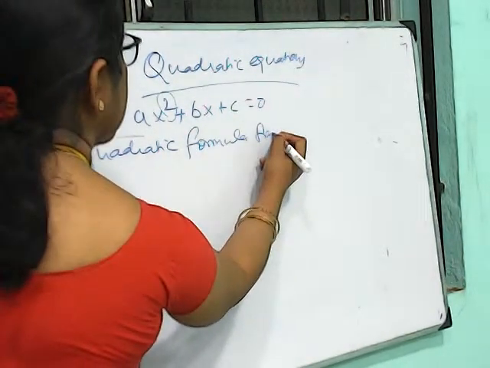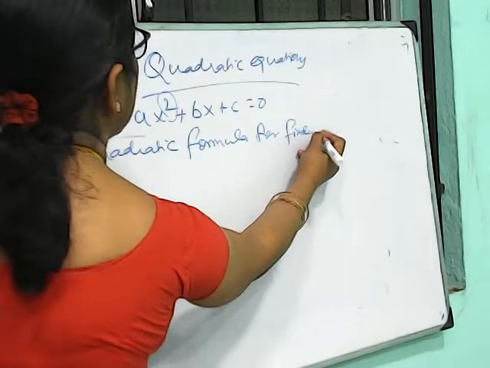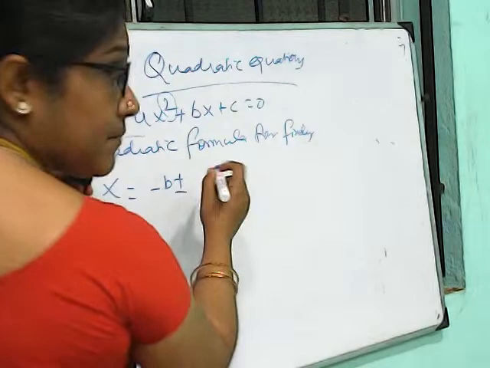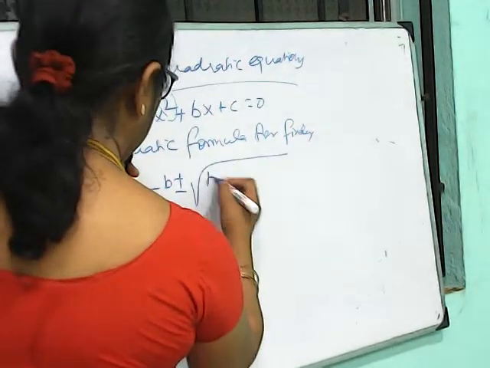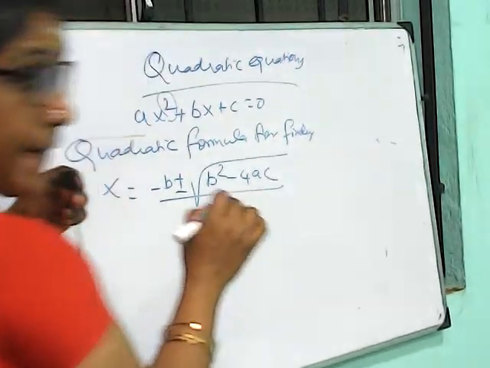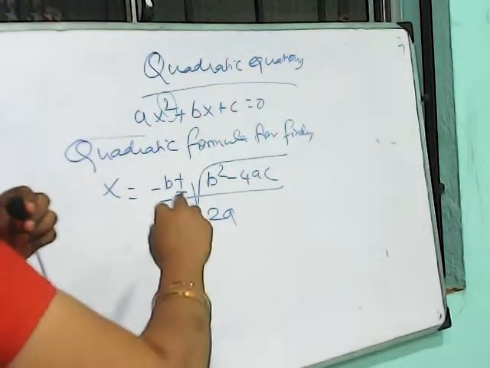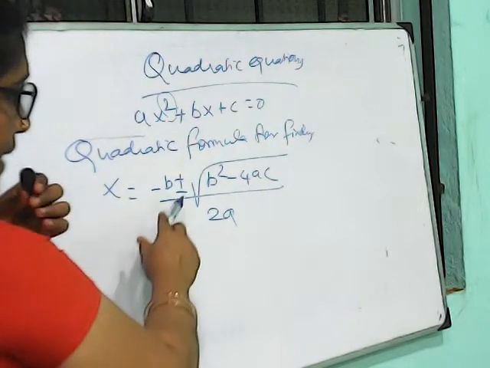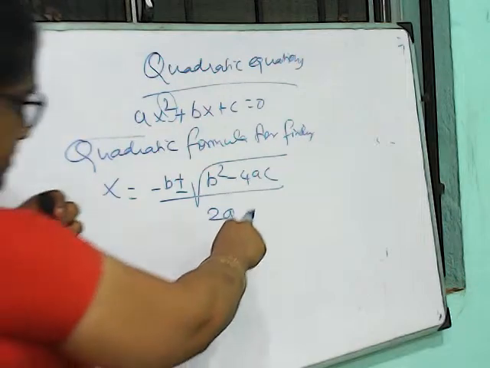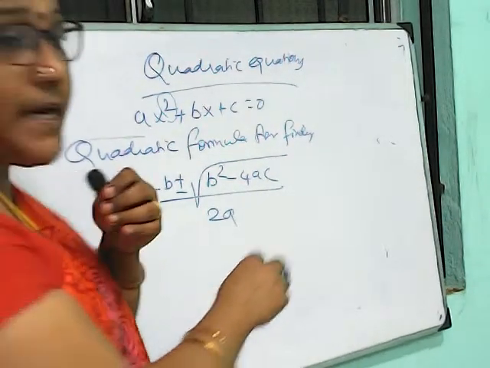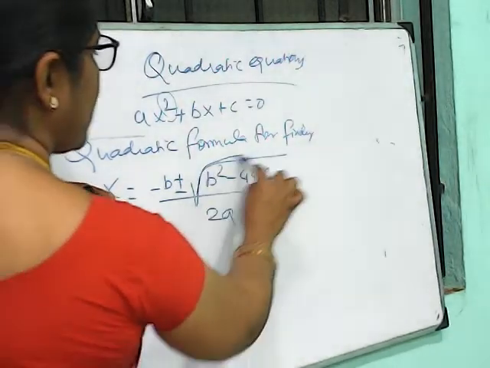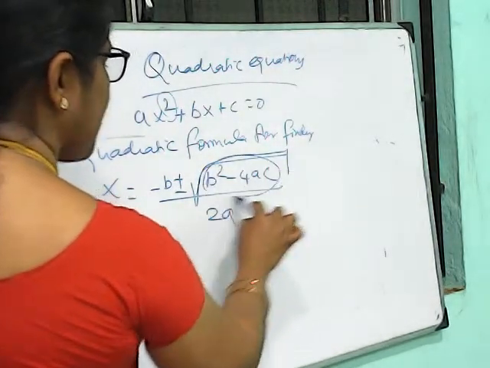For finding the value of x, that is minus b plus or minus square root of b square minus 4ac divided by 2a. Okay, so what is the quadratic formula? Minus b plus or minus square root of b square minus 4ac divided by 2a.